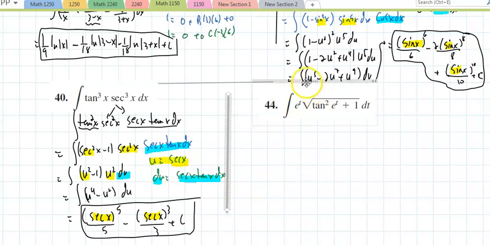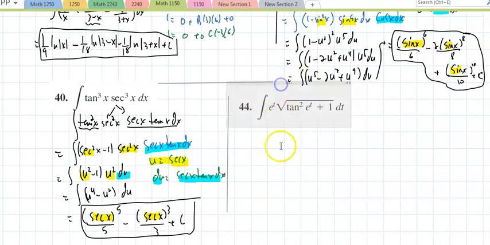And if I look at this problem, I notice there's an easy u sub. That is, if I let u equal e to the t, then du is e to the t dt. And let me not lose track.